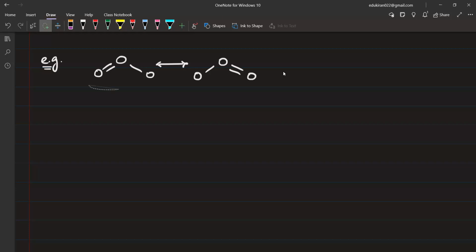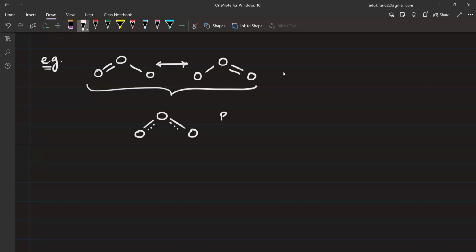And what I can do, I can take both of these and make a resonance hybrid. So this is resonance happening, and I can make a resonance hybrid structure. So I will make a single bond oxygen, and a partial double bond between these two oxygens.